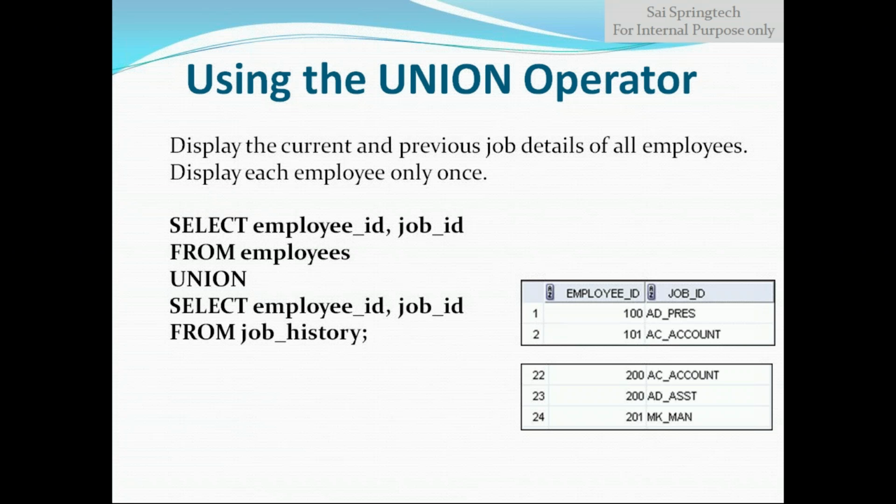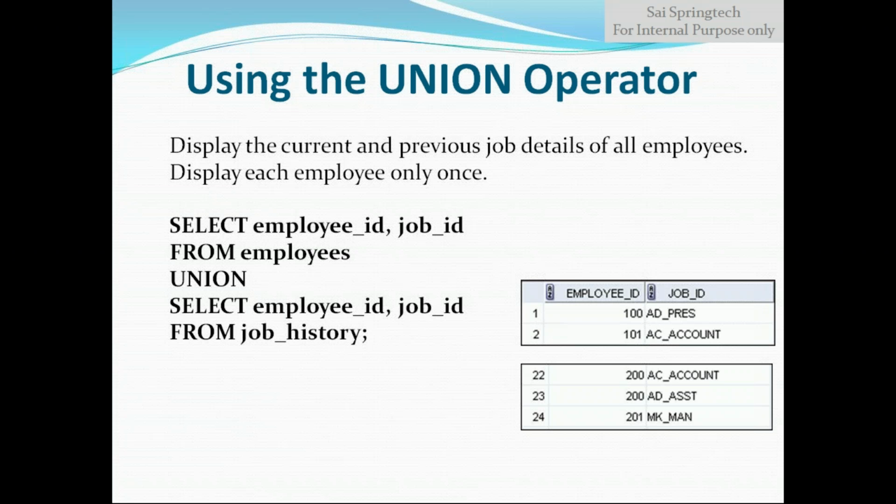Now we are using the union operator. When you use the union operator, it will eliminate the duplicate rows, because we are not using union all, we are using union. So it will not show me the duplicate rows because the union operator eliminates any duplicate records.